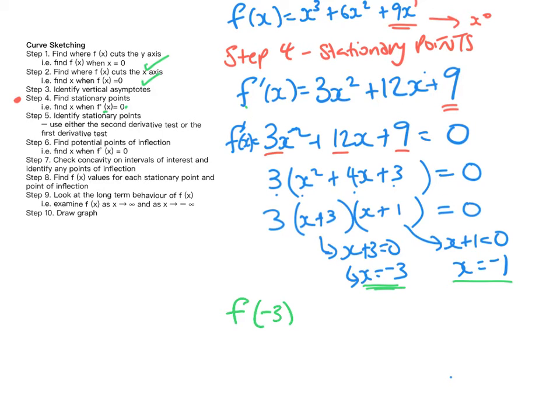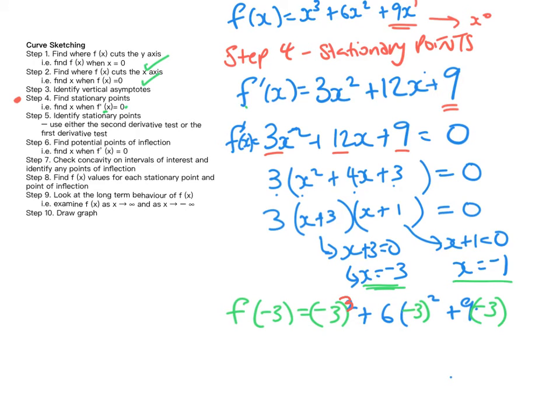Notice it's not f dash, it's f. It's going to be the first equation where I'm just going to substitute -3 for the x value: (-3) cubed plus 6 times (-3) squared plus 9 times -3.